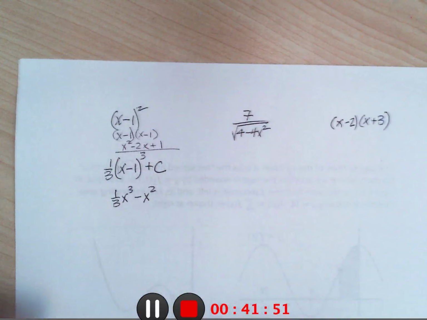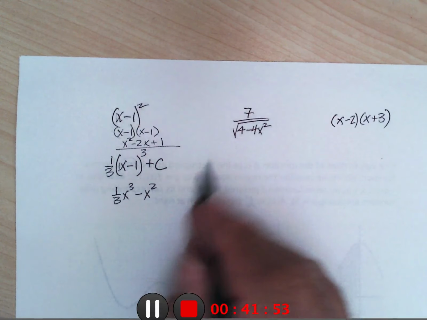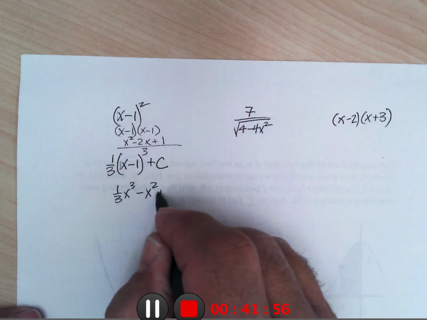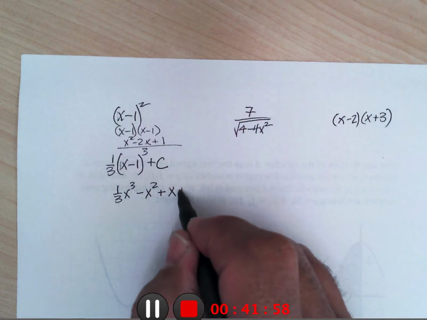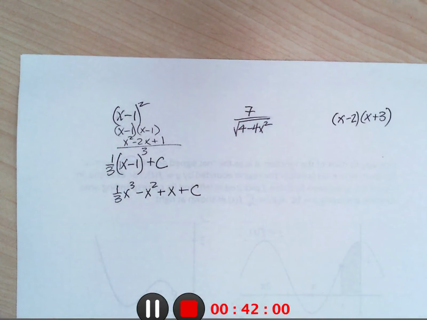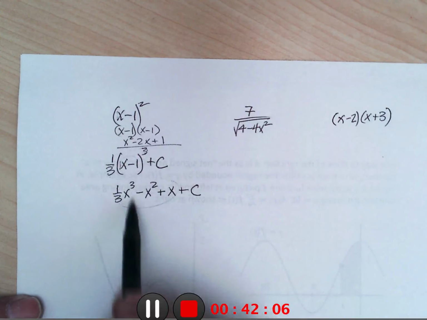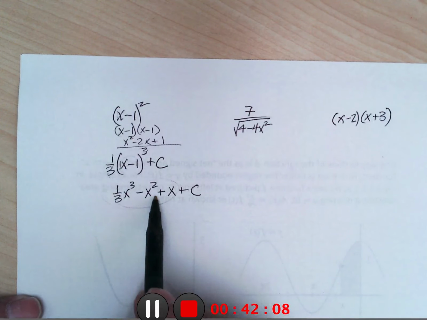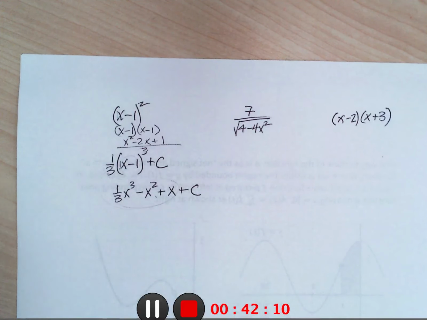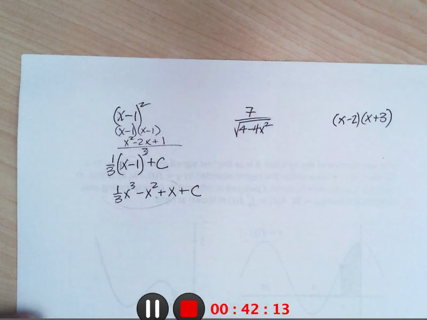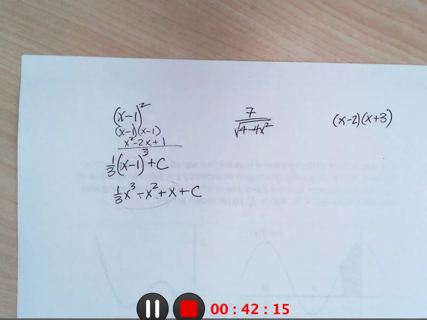And the antiderivative of 1 is plus x plus c. Now, if you multiply this out, it won't look exactly like this. It'll vary from this by a constant. Well, these two constants don't have to be the same number. So either one of those is an okay antiderivative of that.